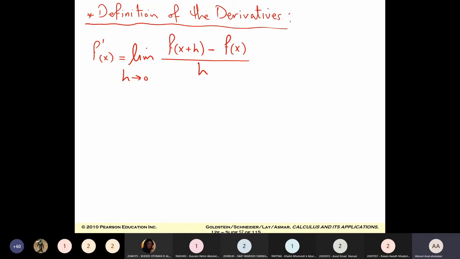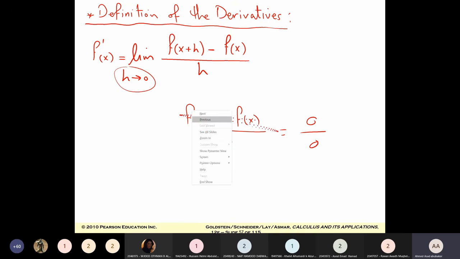This is the definition of a derivative. With the limit as h goes to 0, we can substitute h equals 0 if we don't have 0 over 0. But here, if we substitute h equals 0 directly, we have f of x minus f of x over 0, so we have 0 over 0. Now, if we need to substitute h equals 0, we must remove the h in the denominator.